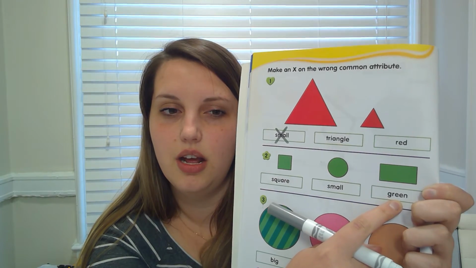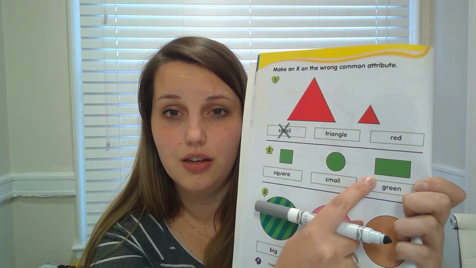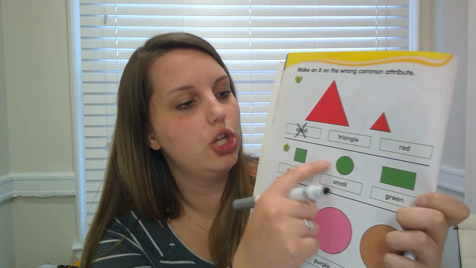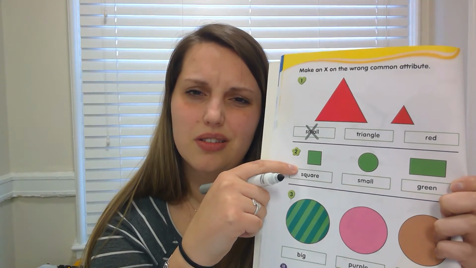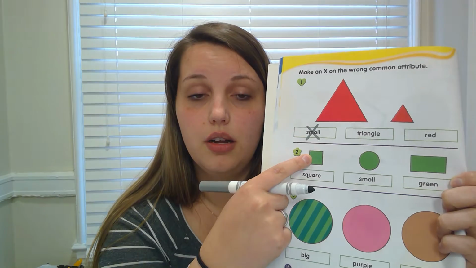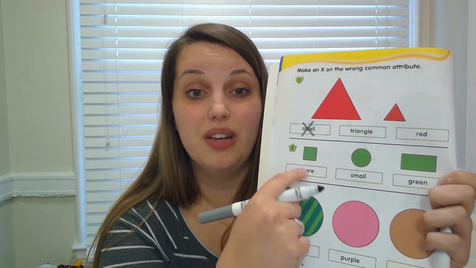What word is that? Green, right? Are they all green? Yeah, so we said they're all small green shapes. Are they all squares? No, right. We have a square right here, but a circle's not a square. So we need to put an X through that one.